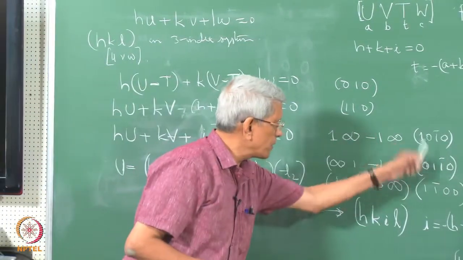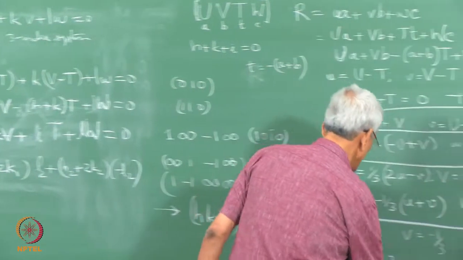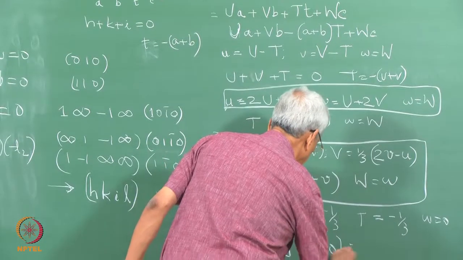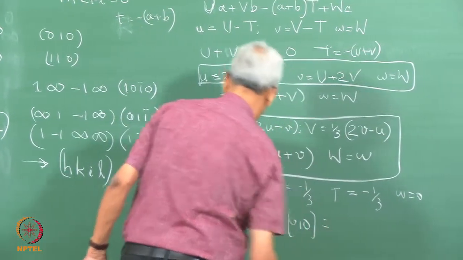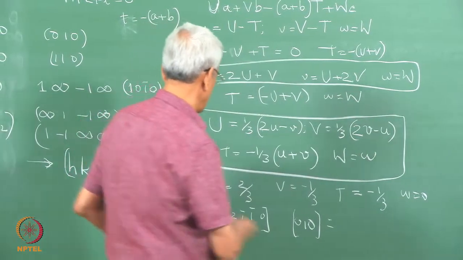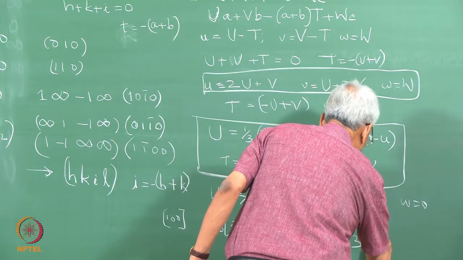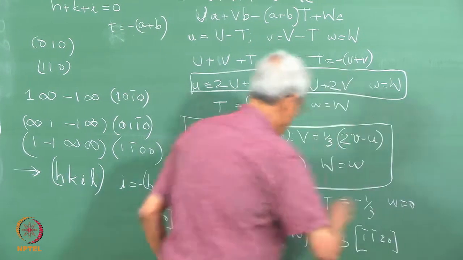From this example, you can make out that this is 1 0 0. Similarly, 0 1 0 also we can find out, and similarly this will turn out to be, this you have to just verify, maybe 1 bar 2 0, I am not sure, but you can do it.